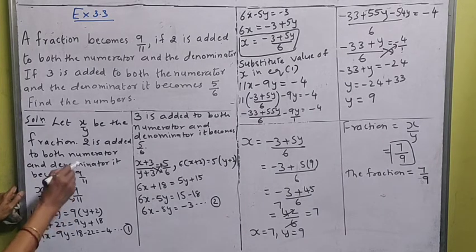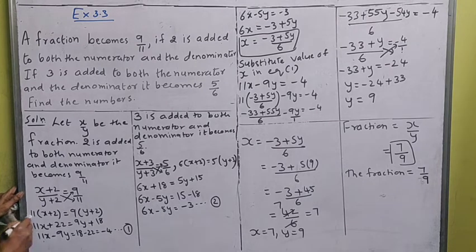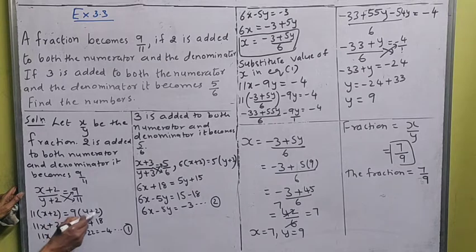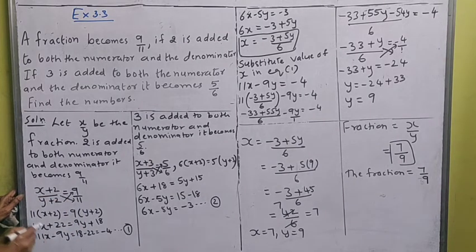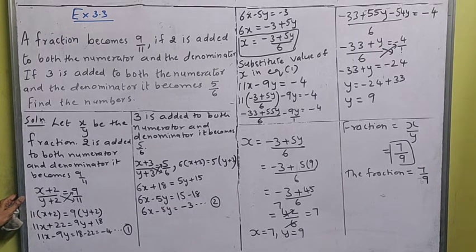So what shall we do? Cross multiplication. So 11 in the bracket (x plus 2) is equal to 9 in the bracket (y plus 2). Removing the brackets, 11 into x is 11x plus 11 into 2 is 22, equal to 9 into y is 9y plus 9 into 2 is 18. Now we have to keep it in the form a1x plus b1y is equal to c1.